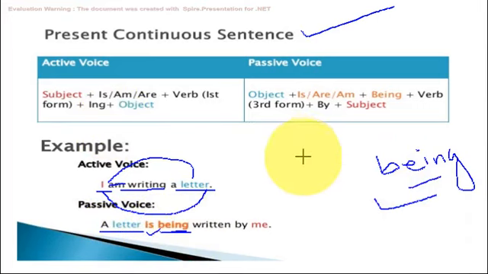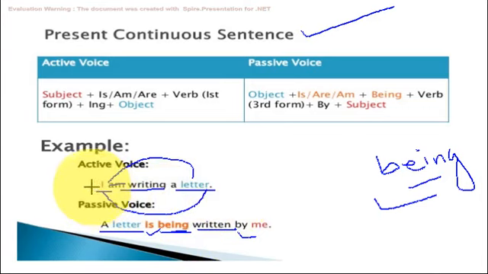Then our rule says take the third form of the verb. What is the third form of the verb? Write is the first form, wrote is the second, and the third one is written. Then we use written. Then our next rule says use by, right? Here we used by, and then the subject becomes the object.